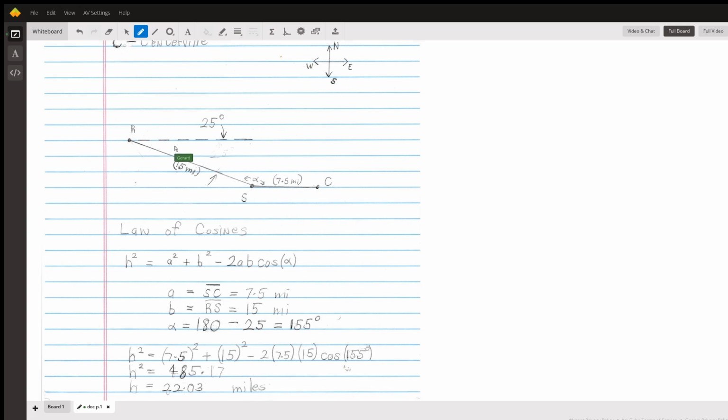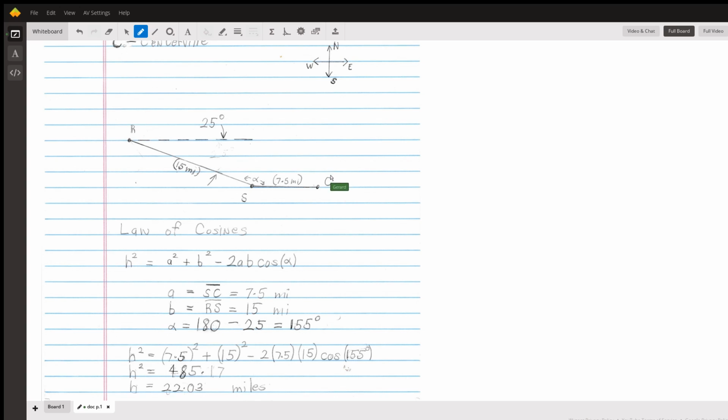Again, the angle between the R and dash line and the line of R to S, that angle in between is 25 degrees, which they mention in the problem. I define the angle alpha as the angle between the line RS and the line SC.